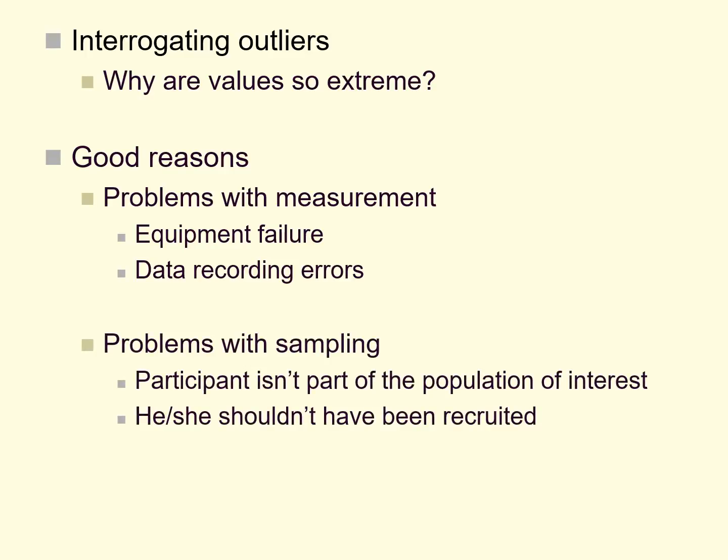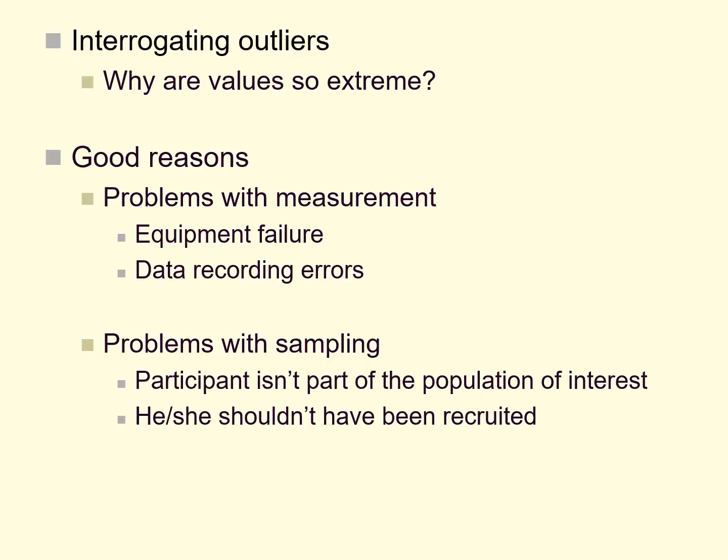There could also be problems with your sampling, and these may be a little bit more subtle or difficult to identify, but it could be the case that one or more of your participants really isn't in the population that you're interested in sampling. So I've used this kind of vague example already of sampling from the population of all college students and measuring something like neuroticism.